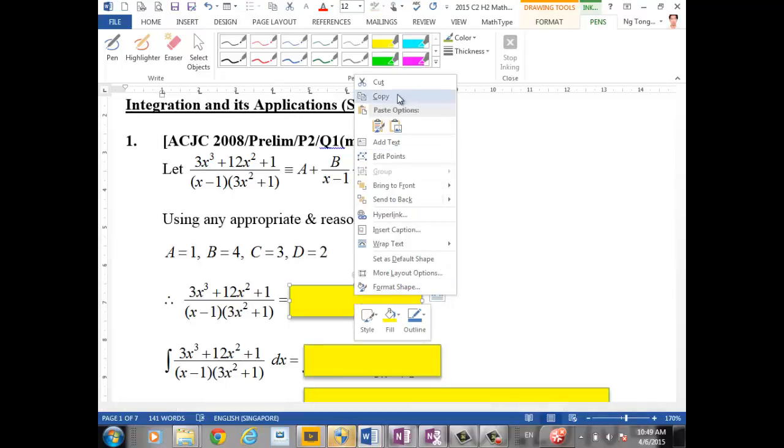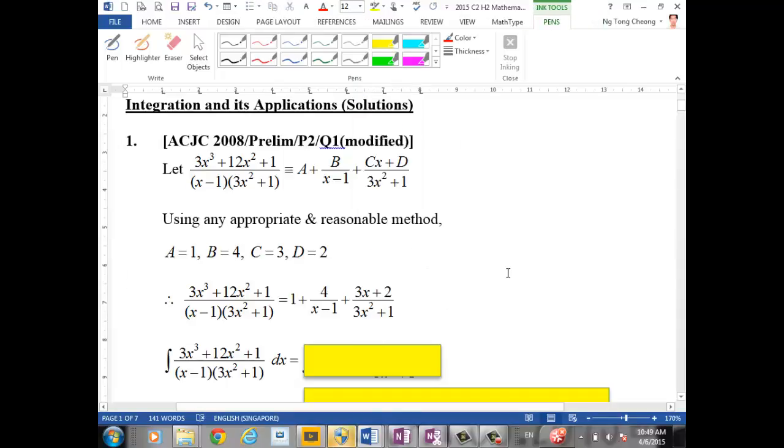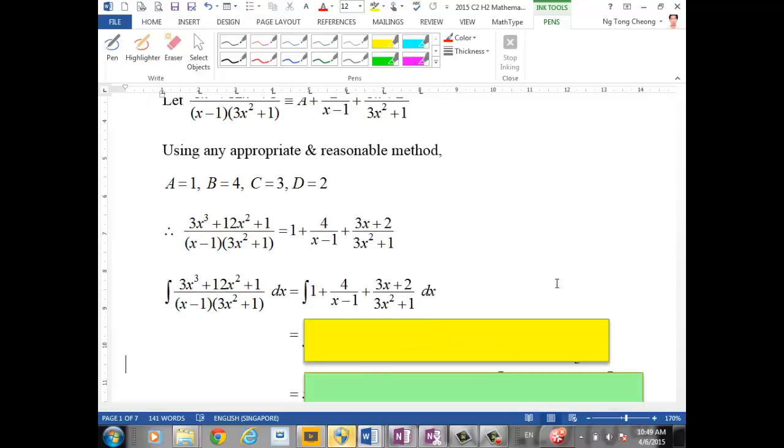Assuming we have found all the unknowns, we now proceed with the integration. You find that the first two terms are quite easily done, except the last term here.